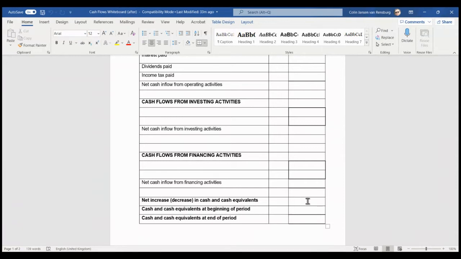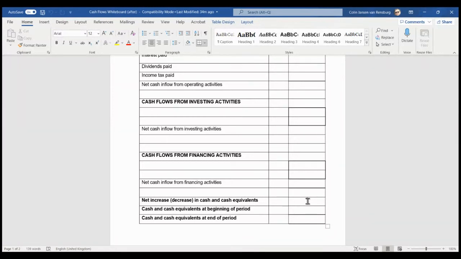Then, ladies and gentlemen, our next one is to go and have a look at what our cash and cash equivalent balance was at the beginning of this financial accounting period. Now, there you can describe it as cash and cash equivalents at the beginning of the period or at the beginning of the year, as long as it is a full financial year.